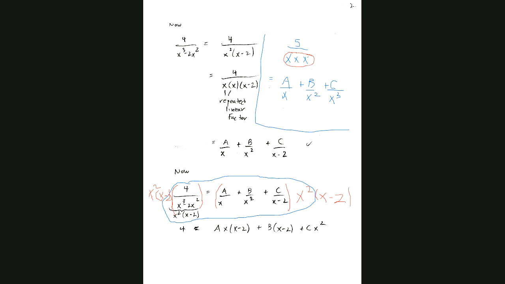And that will then reduce the rational equation to this equation here. 4 will equal A times x minus 2 plus B times x minus 2 plus C times x squared.